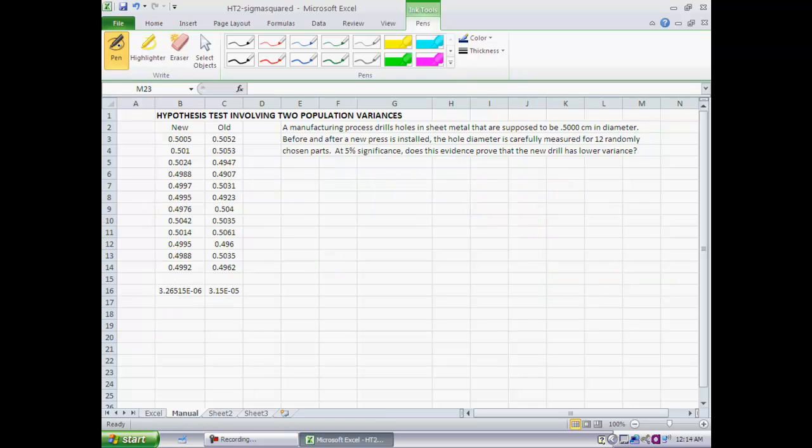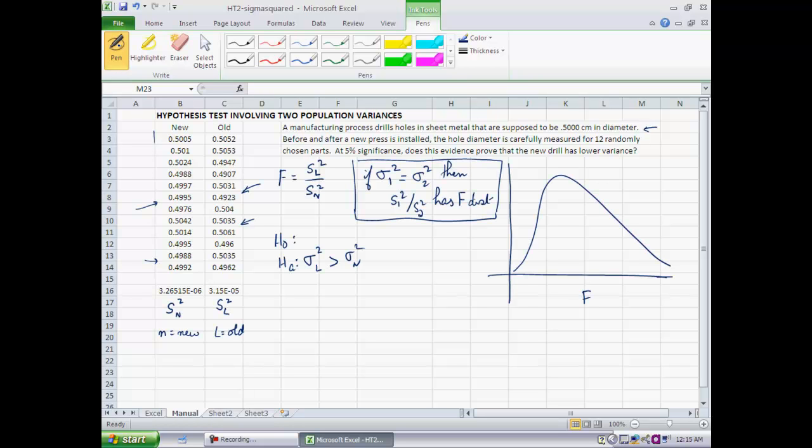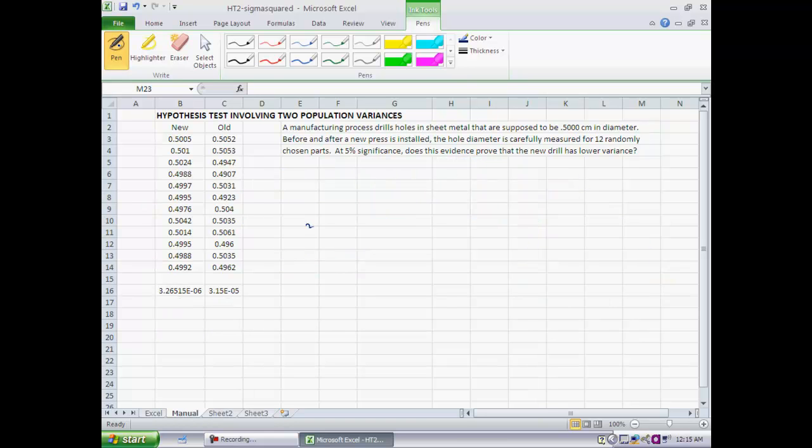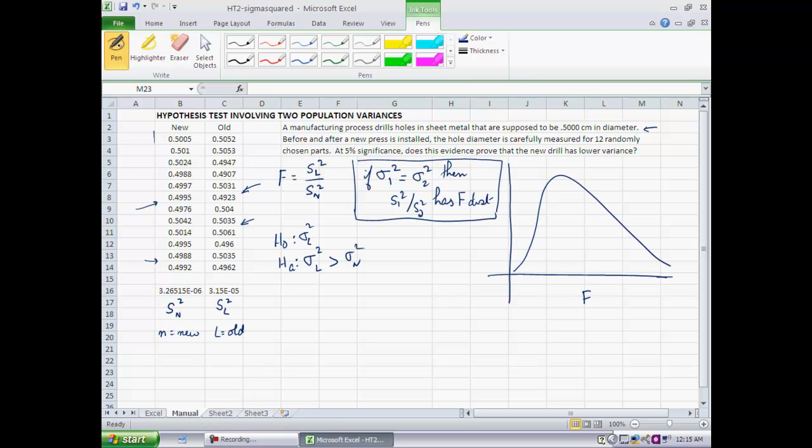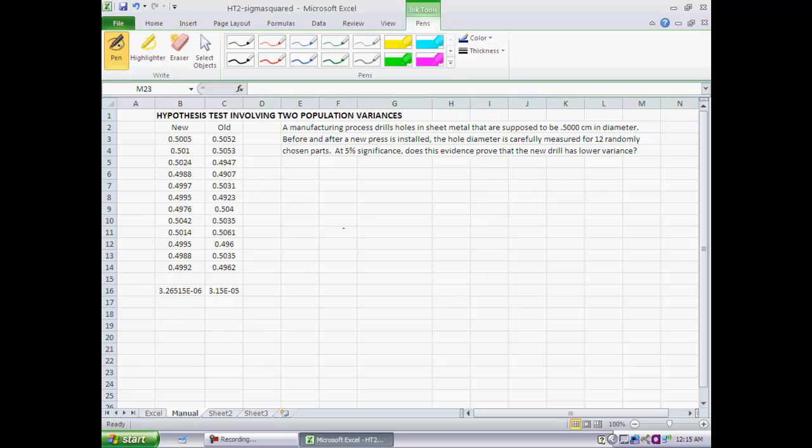Setting up this way would imply that if we do go with this claim, it's the result of rejection of the null. That leaves us with the null being sigma squared of the old machine, L, is less than or equal to sigma squared n.